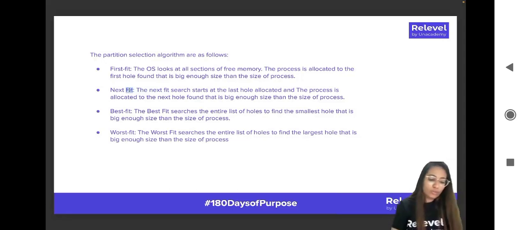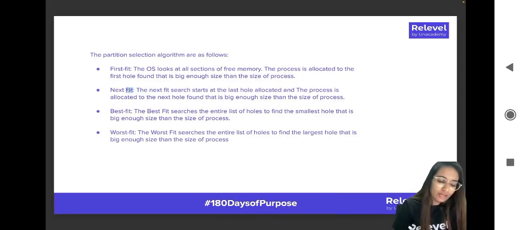Let's say you applied the algorithm where there was a process P1 for 10 kb. You find out the best fit, which is 10 kb, and allocate it there.